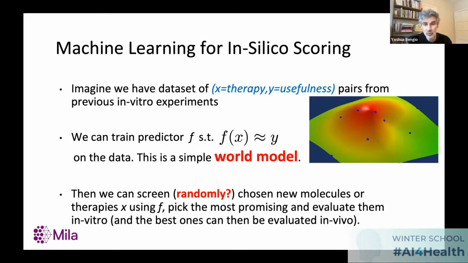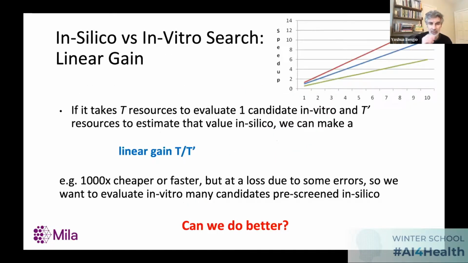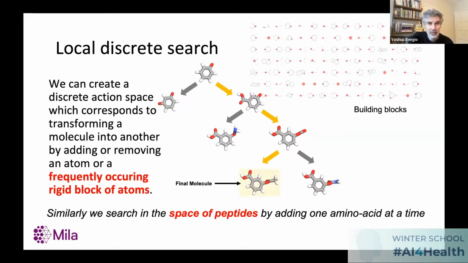But we can just do supervised learning, and then screen those molecules. But as I said, there are too many of them. And even if we get very smart about how we do this screening, maybe we parallelize computation, we have a very fast, cheap model, and so on, the most we can hope for by just screening is a linear gain. So the question is whether we can get an exponential gain.